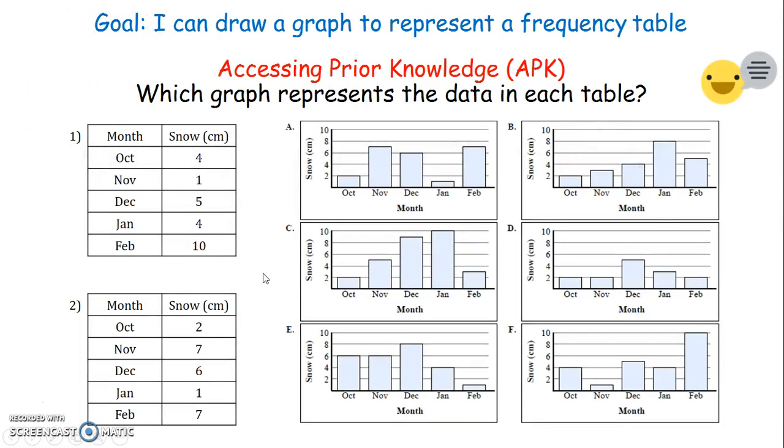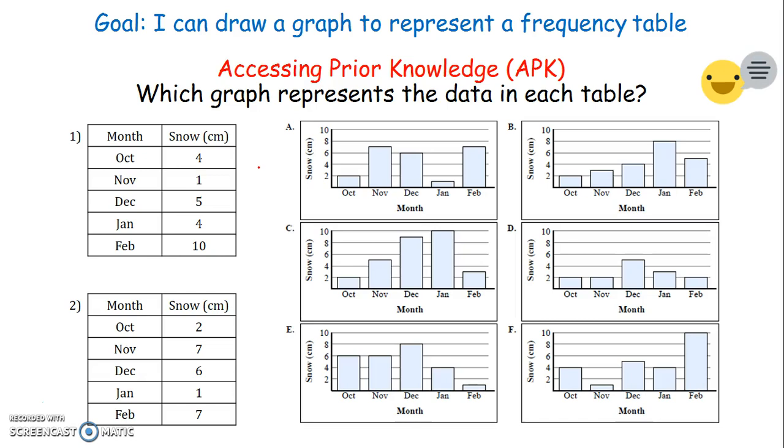Now first, I would like you to have a think about this question here. I have two tables of data on the left, and they show the amount of snow in the months of October, November, December, January, and February. On the right I have 6 graphs.